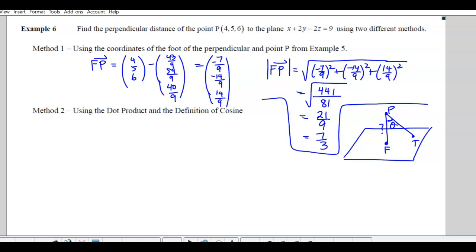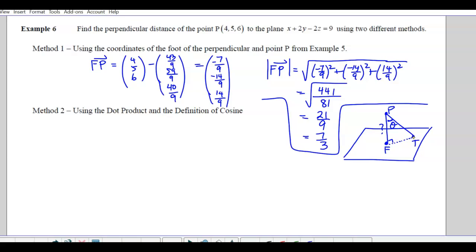No matter where that point is, it's going to form a 90-degree triangle, because F and T are on the plane. In a 90-degree triangle, cosine is adjacent over hypotenuse, so we can then end up finding that side.